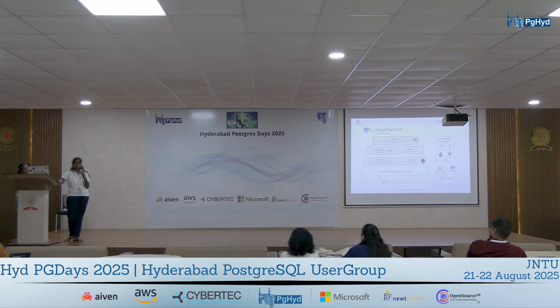We have GUCs named spock.exception_log and spock.exception_behavior, where we can set values like discard, all, none, or transdiscard.